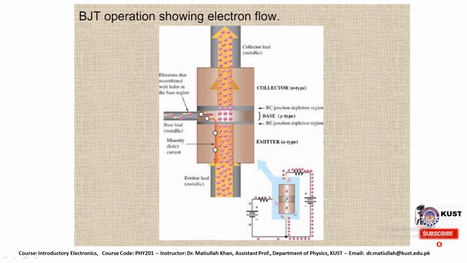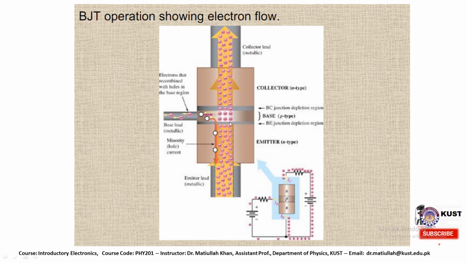We connect this transistor in such a way that the N region is connected to the negative terminal of the battery, again here the negative terminal of the battery, and the P region is connected with the positive terminal of the battery. So if we look toward this configuration, what happens? This is a type of forward bias.